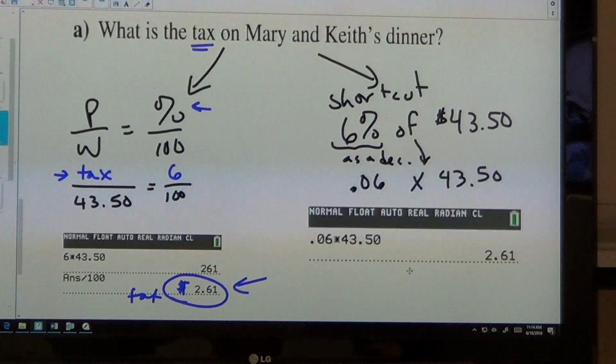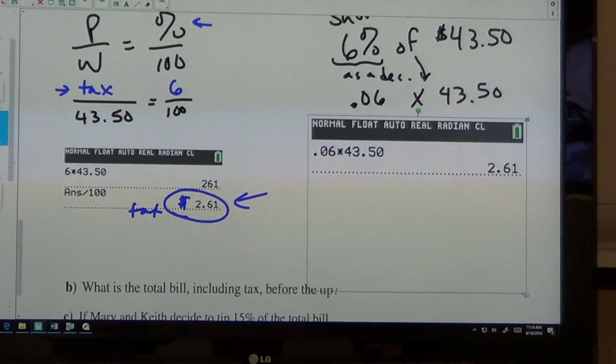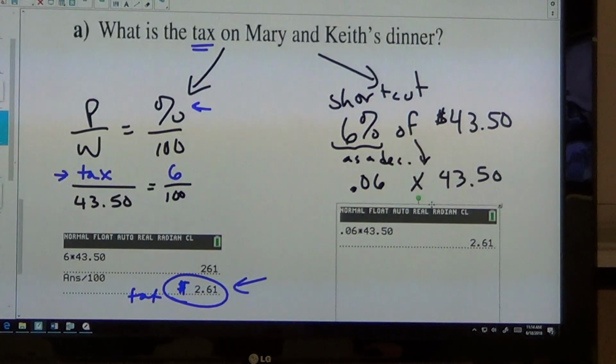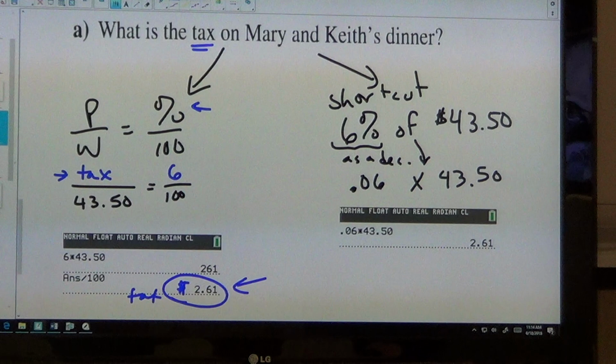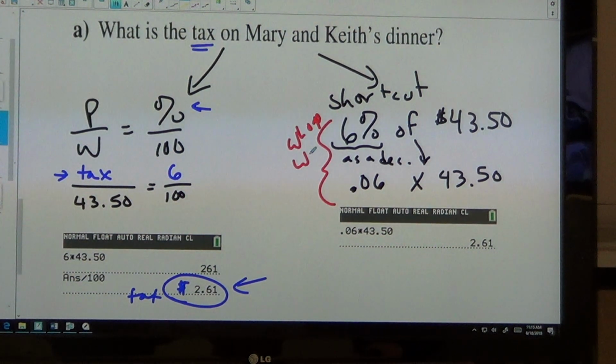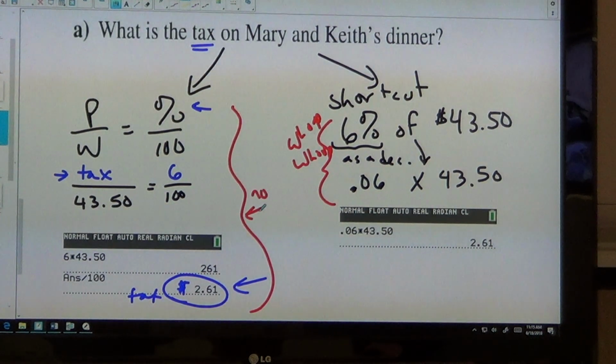Now, I want you to pay attention: if you use the shortcut method, you have to whoop-whoop. If you don't use the shortcut method, there's no whoop-whoop. So according to what method you use is when do I whoop-whoop and when do I not whoop-whoop?